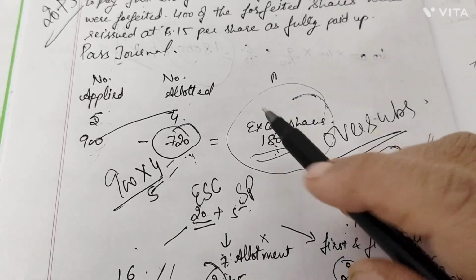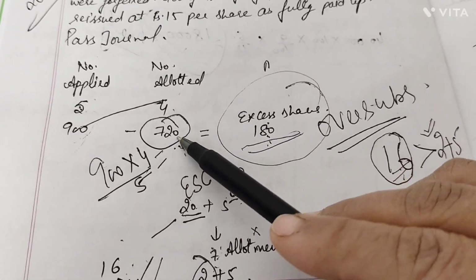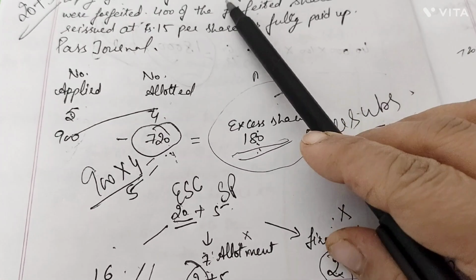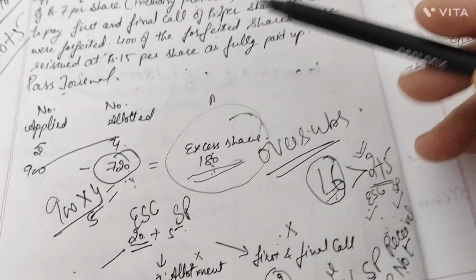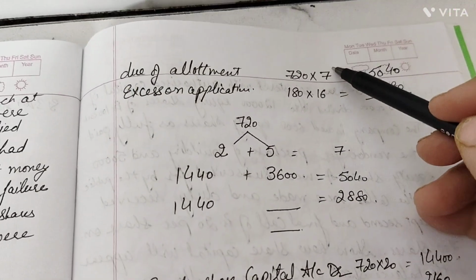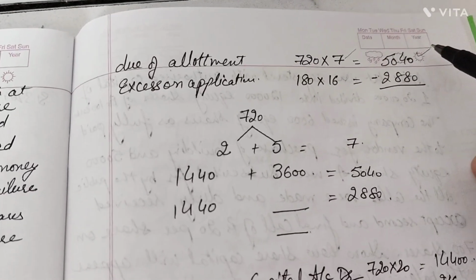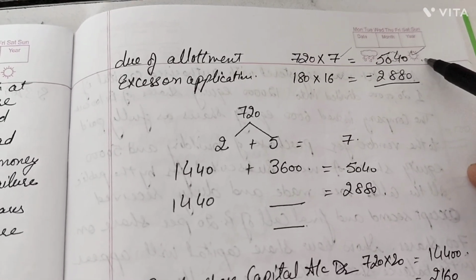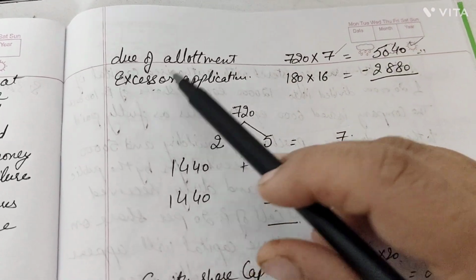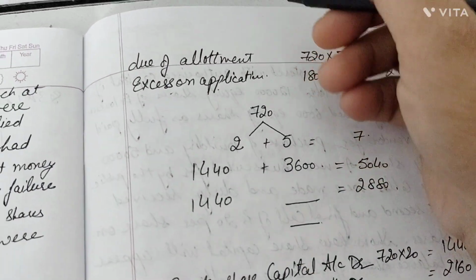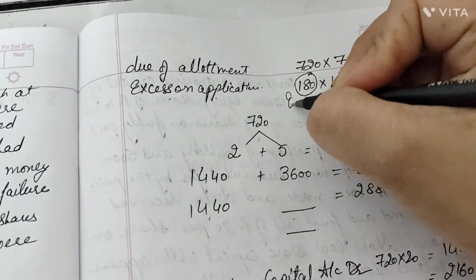As per the question, there were 180 excess shares. So how much was due? They said in the question that allotment was not received. So let's find out the calls in arrears. On the 720 shares, we have not received allotment of rupees 7. So how much was actually due on allotment? That is 5040 rupees. And how much excess did we receive on application? There were 180 excess shares, please keep that in mind.